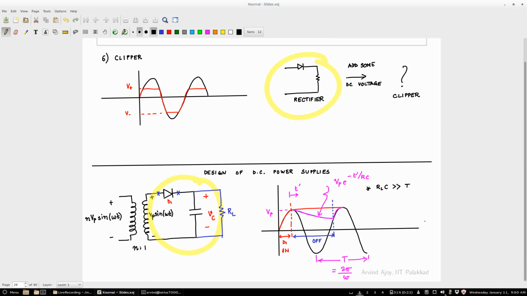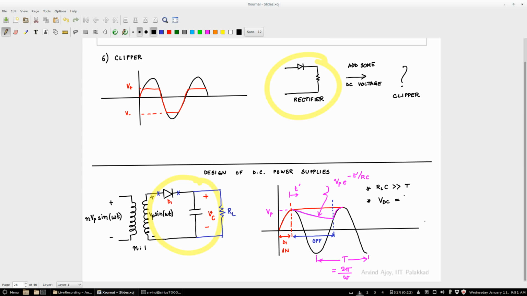So basically your design should be such that R_L C must be greater than the time period, and greater than means 10 times, right?